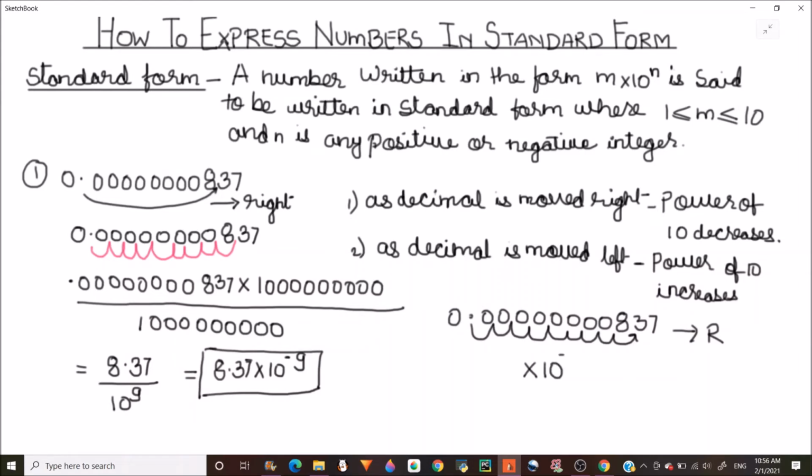So this will become 10 to the power minus 9 and our number will be 8.37. This is the direct or shortcut method for expressing numbers in standard form. Let's move on to our next example.